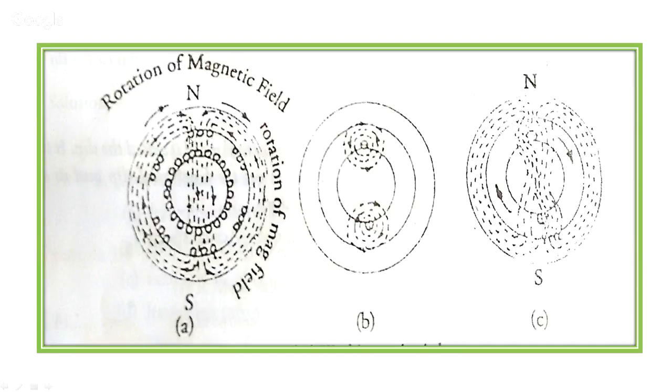So when the stator windings are energized, that is when a current flows through the stator windings, it sets up a magnetic field as shown by these dotted lines.